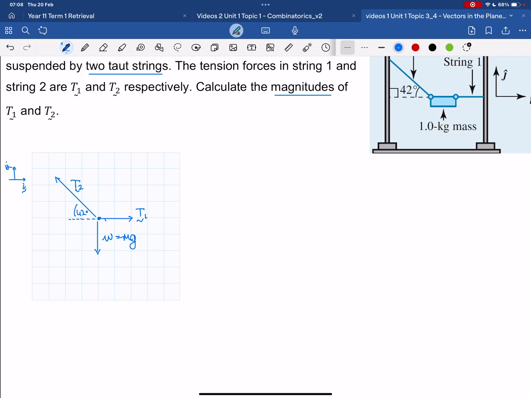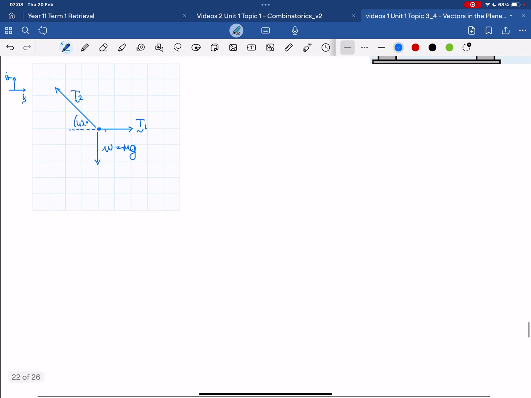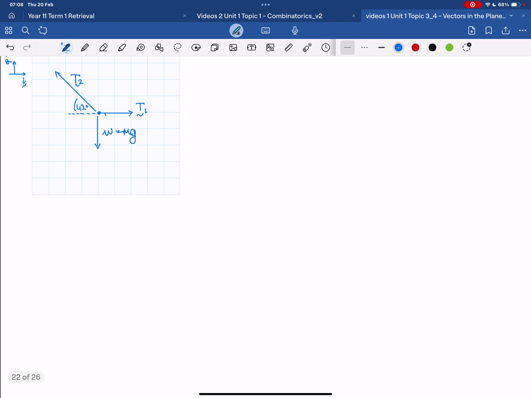All right, first thing we're going to do is define all of our variables. So we're going to let R be our resultant force, and we're always going to define our resultant force in newtons.